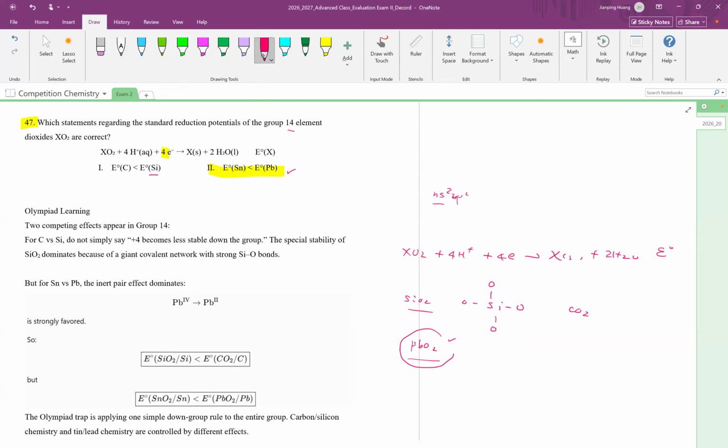The second one: have you heard of the lead battery, the car battery? Not the Elon Musk one, okay? The car battery. You coat with lead, that one is the anode.